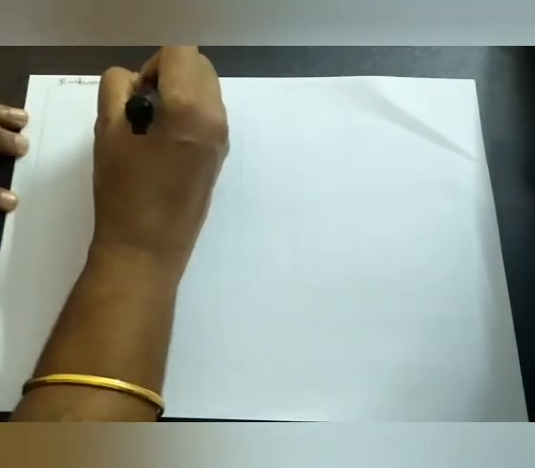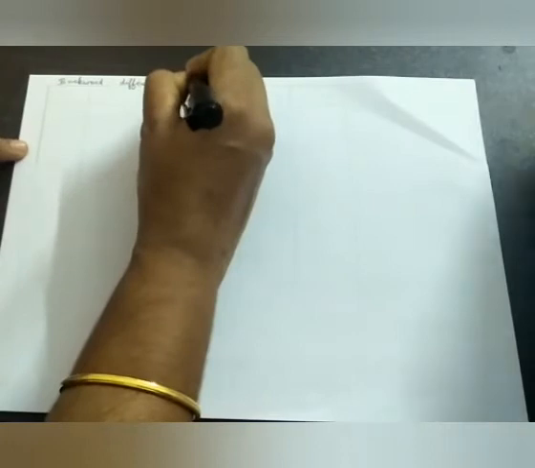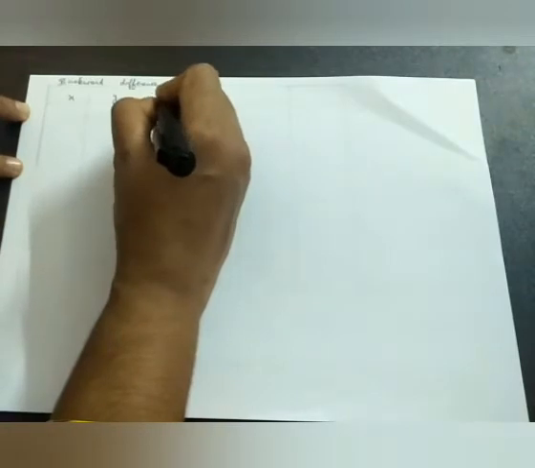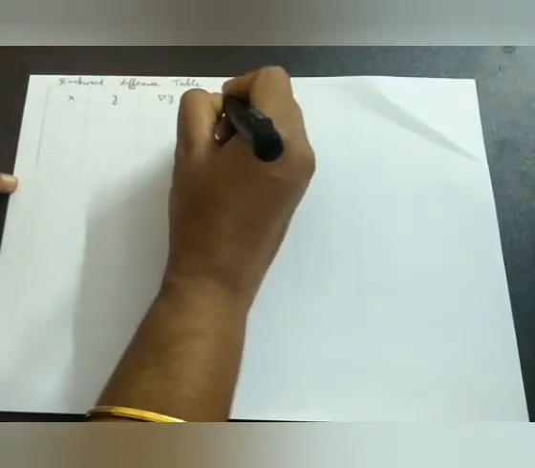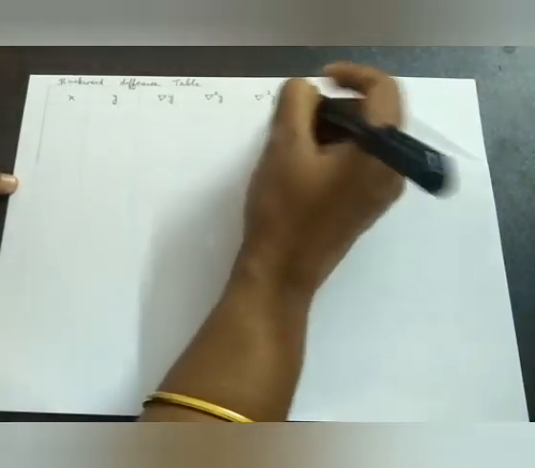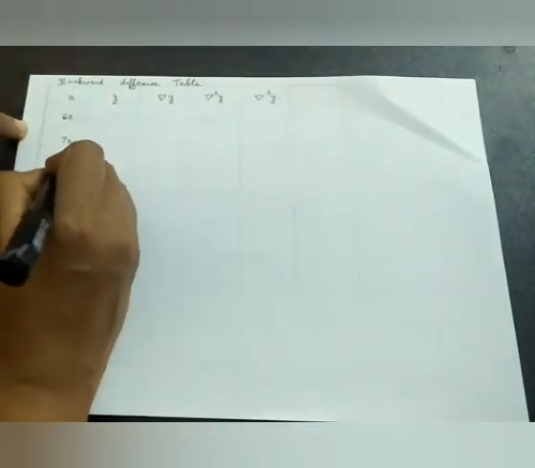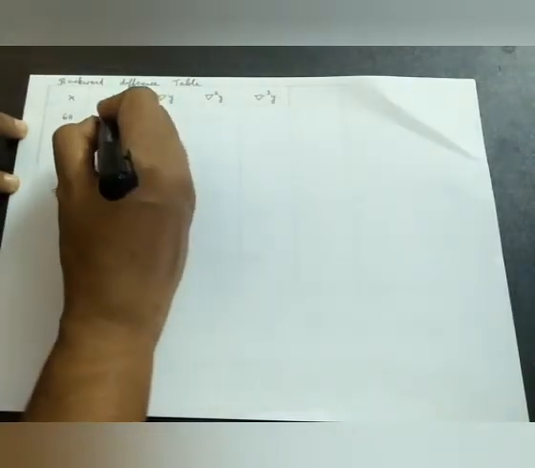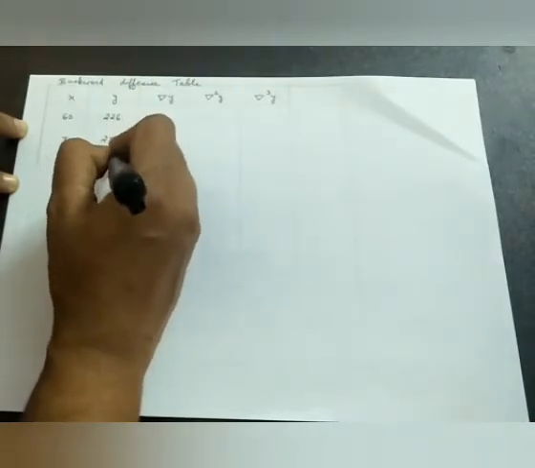Now the backward difference table. First of all, put the values of x, then the values of y, and the backward differences: the first backward difference, the second backward difference, the third backward difference, etc. The values of x are 60, 70, 80, 90, and the corresponding values of y are 226, 250, 276, 304.